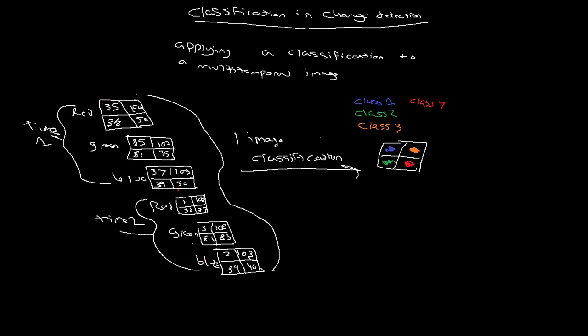Why each one of these are different. Why this vegetation that is not changing is different from this urban that's not changing. Why this vegetation that is changing is different from this that changed to vegetation. So hopefully that makes sense.